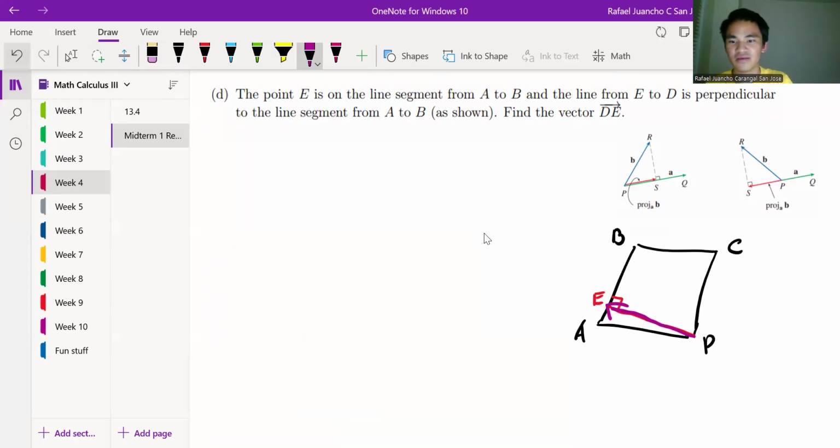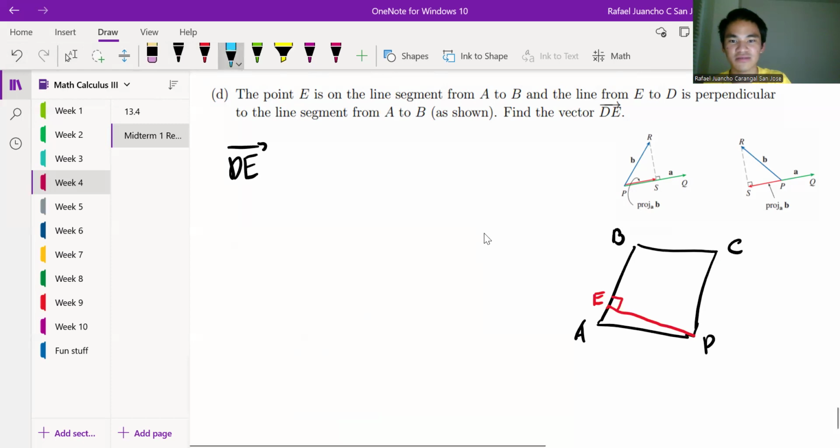How do I do that? Well, I need to find maybe EA plus, or no, because DE. So what can I say from DE without even knowing anything?